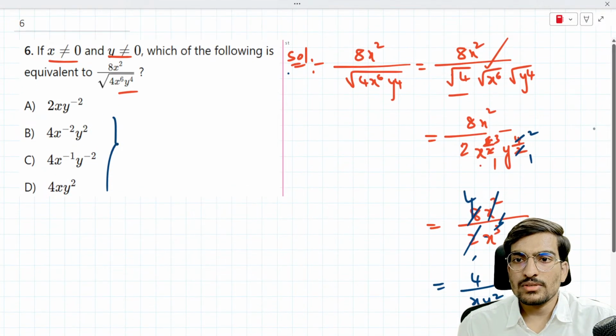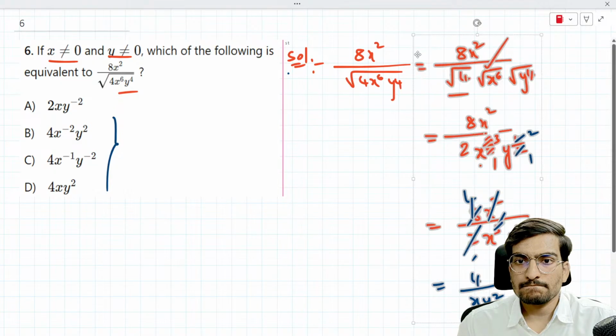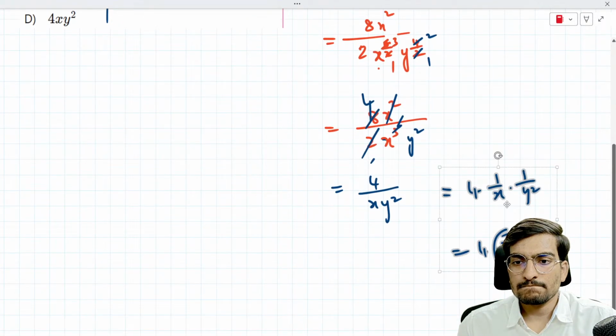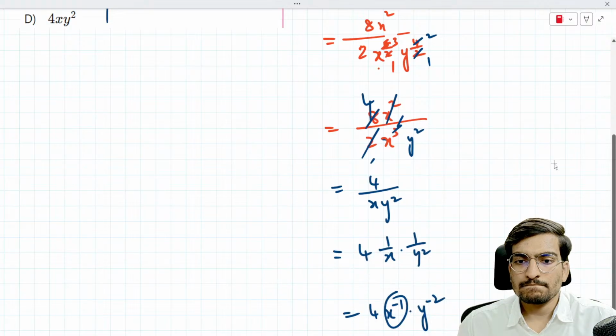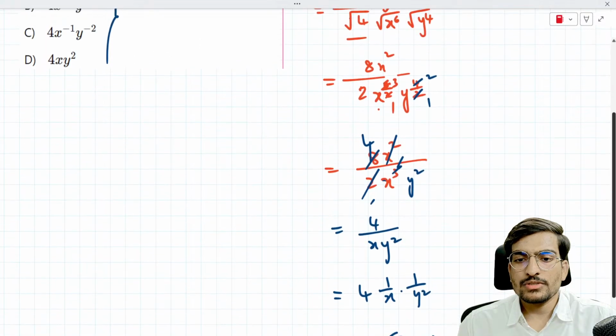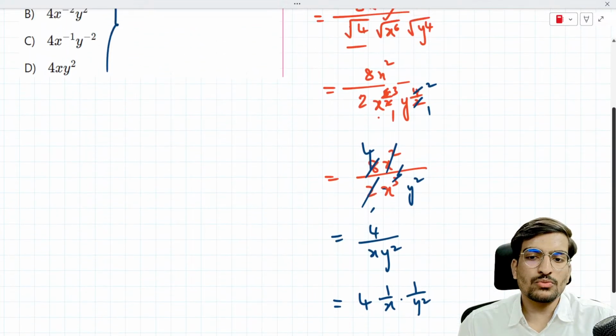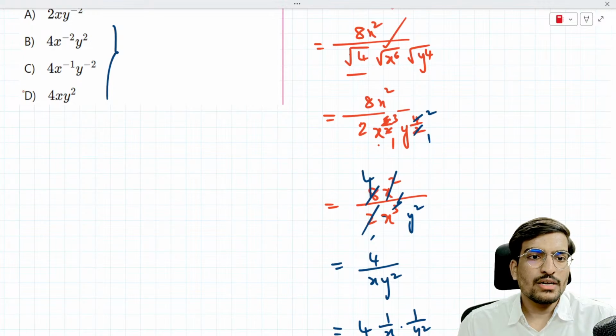Just a minute. Maybe it is visible now. So it is option 4x raised to the power of negative 1, y raised to the power of negative 2. I can see Saidur Rahman said C and it is true.